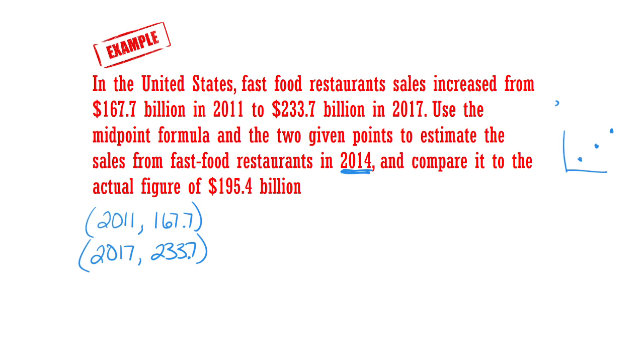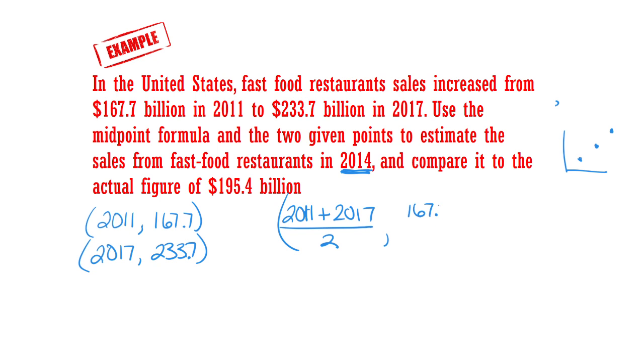Okay. Now, using that, I'm going to find this midpoint value, this 2014. So remember, you're finding the average, so you're just going to add and divide by 2. So I get 2011 plus 2017, add the x's, divide by 2. Now let's do the y's.